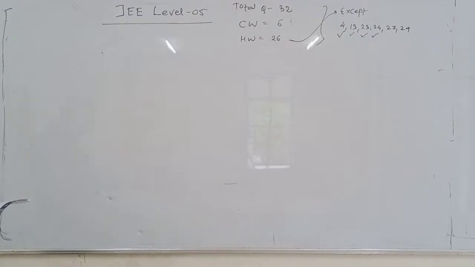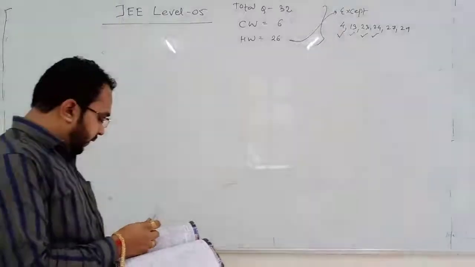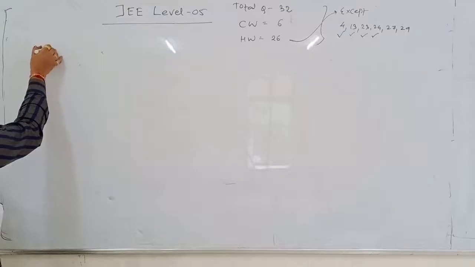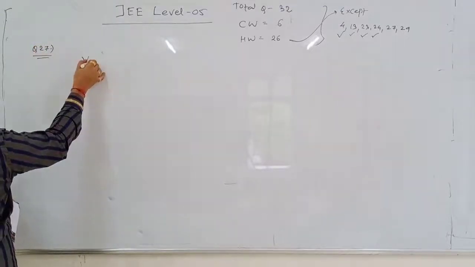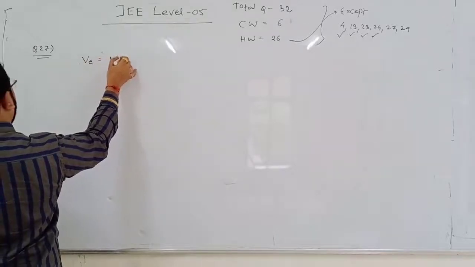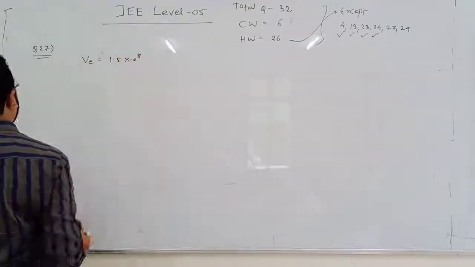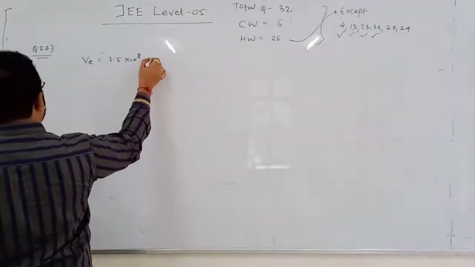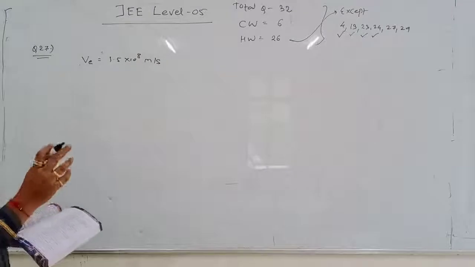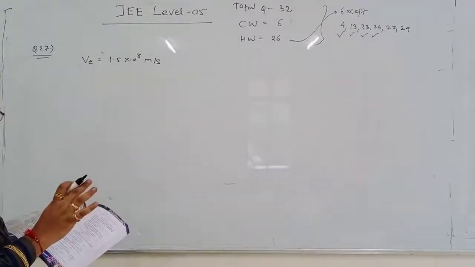You have to find the de Broglie wavelength of the electron moving with a velocity. The velocity of the electron is given: 1.5 into 10 raised to power 8 meter per second, equal to that of the photon.